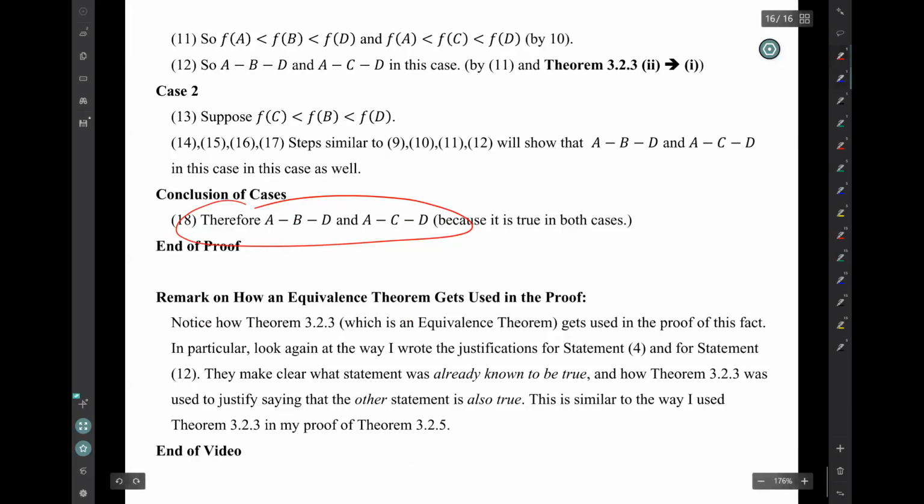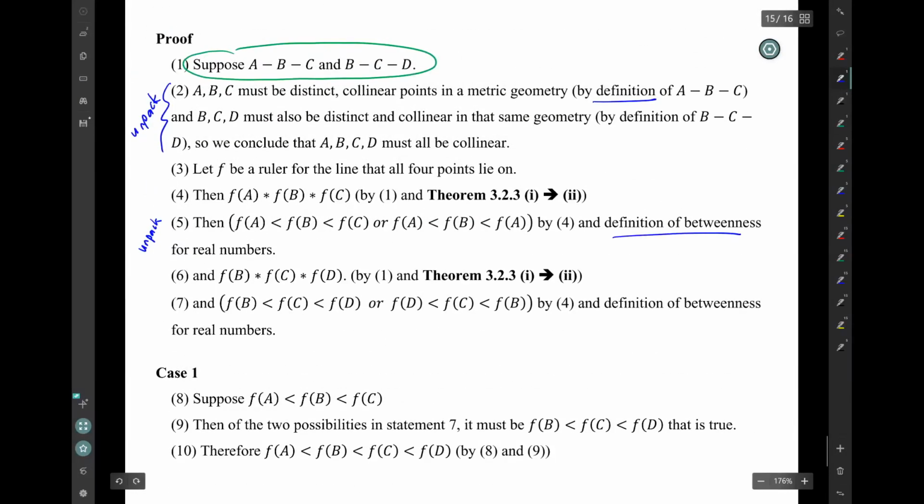And again, I'll remind you how the equivalence theorem 3.2.3 gets used in this proof. In the first part of the proof, we use the equivalence theorem in the single arrow to double arrow direction. We knew that some points had an equivalence relationship, and we used the theorem to be able to say that the real number coordinates had that betweenness relationship.